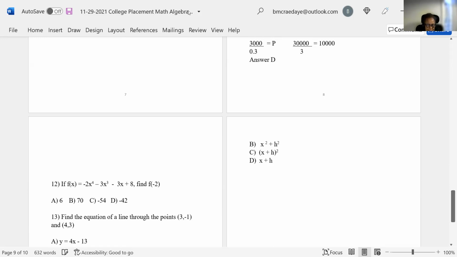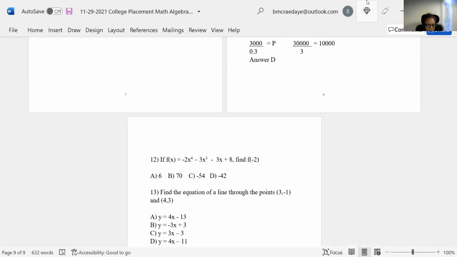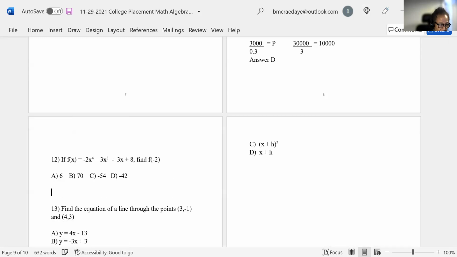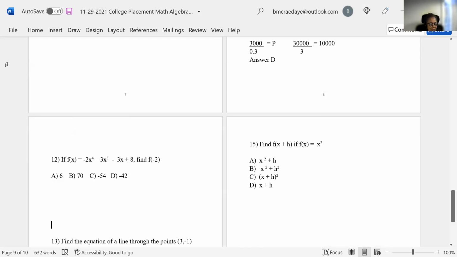Now, number 12 is a substitution, and it's a function. So wherever you have an X, you want to put a -2. I want you to solve this one, Maureen. You have an f of X. That's the way we refer to functions. F of X is equal to this expression. So let's write that. Now you want f of -2.